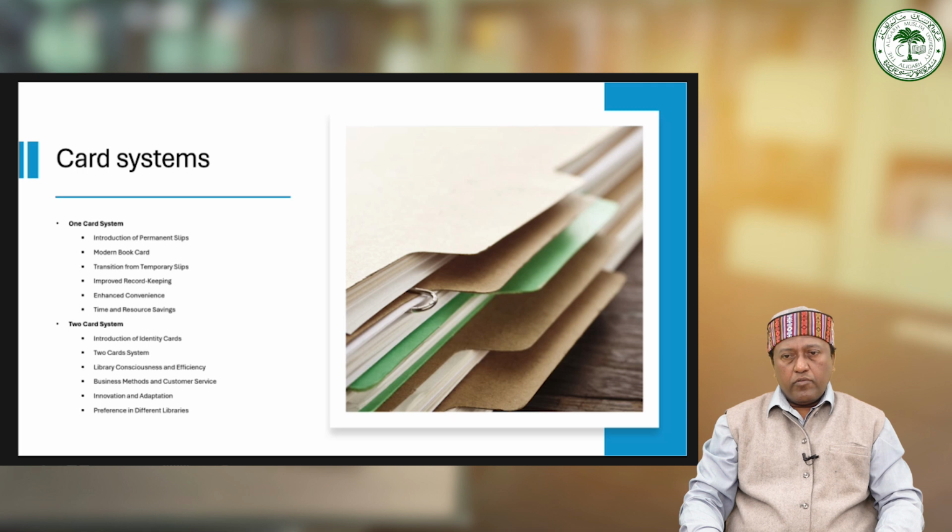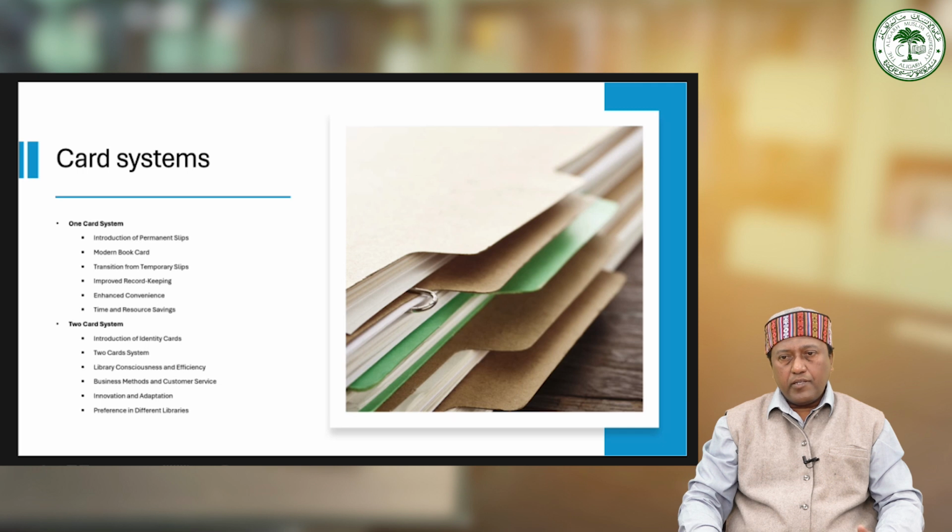So each book borrowed from the library was assigned a dedicated book card, while each library patron was provided with an identity card. The introduction of these two card systems reflected a growing awareness of library efficiency and the need to provide prompt and effective service to library patrons. So librarians sought to save the time of the readers and prevent inefficiencies that could deter the reader from using the library services.